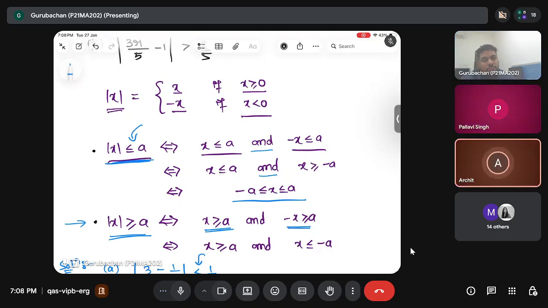Like if we take a simple example like mod x greater than 5 and we solve it in your approach, then we will get no result. But if we think logically, if mod x is greater than 5, we have infinite answers. So you have to think about whether it should be and, or it should be or.